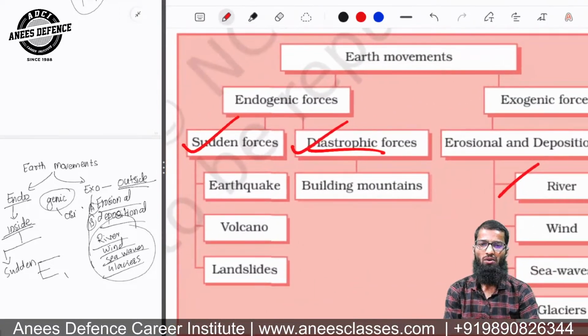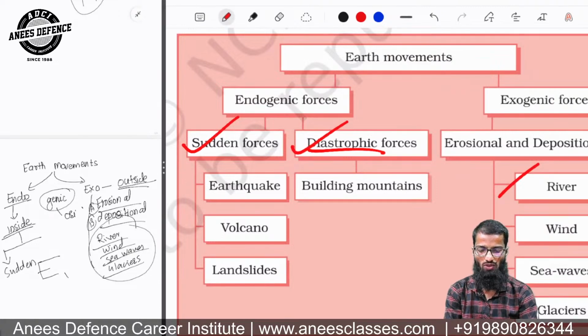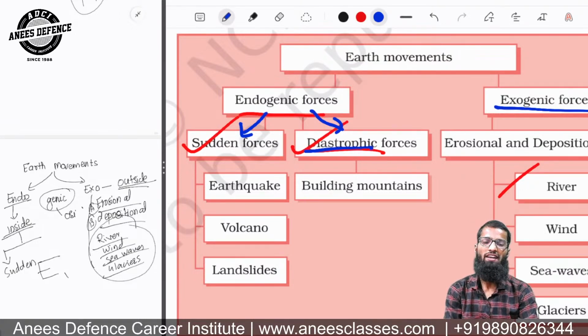I'm repeating it again. You have two basic types of earth movements: endogenic forces and exogenic forces. Endogenic forces can further be classified as sudden forces and diastrophic forces. The forces which create faults and folds on the earth crust are called diastrophic movement or diastrophic forces.